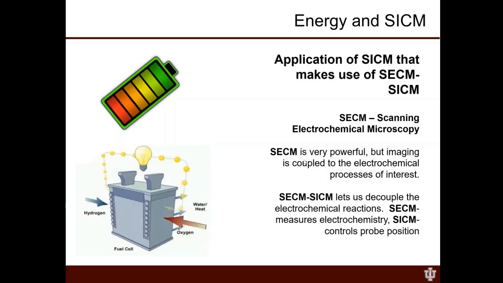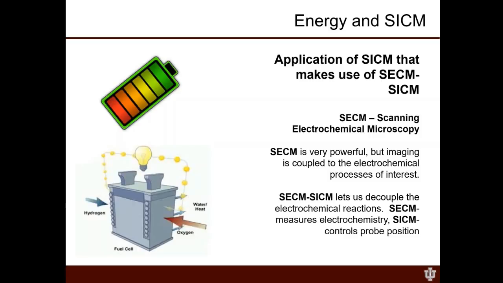SECM is extremely powerful by itself, and you don't have to operate it in an SECM-SICM hybridized mode. The problem with SECM is it's a little bit more difficult to generate a robust feedback loop. The other problem is that a lot of times we'd like to measure an electrochemical species or an electrochemical process, and we don't want to couple the measurement that we're making to the feedback loop.